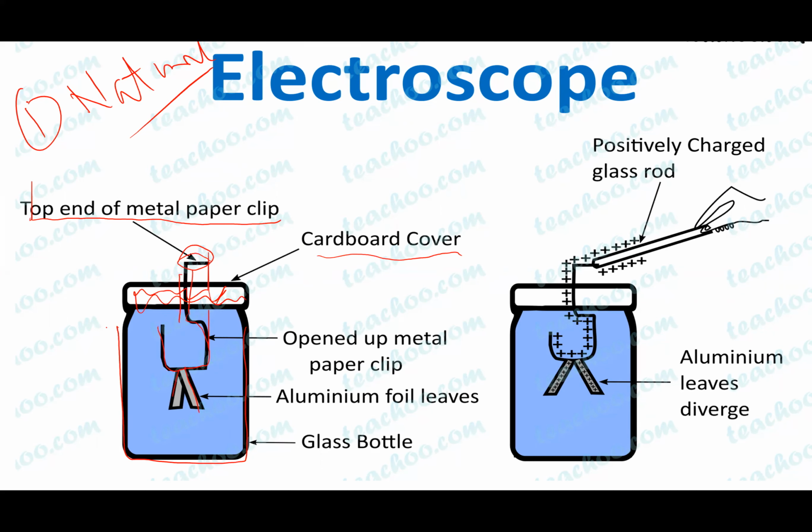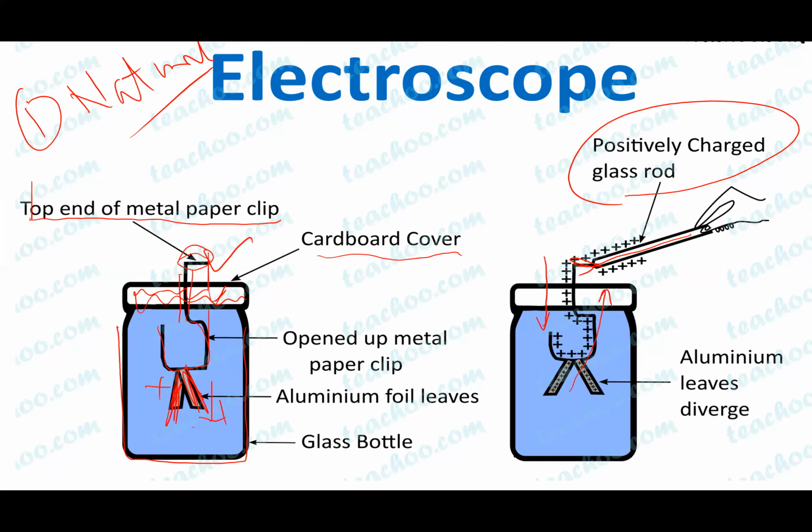This is a glass bottle. We want to charge this positively. A positively charged body will be brought to this region. It will repel the positive charges and attract the negative charges.